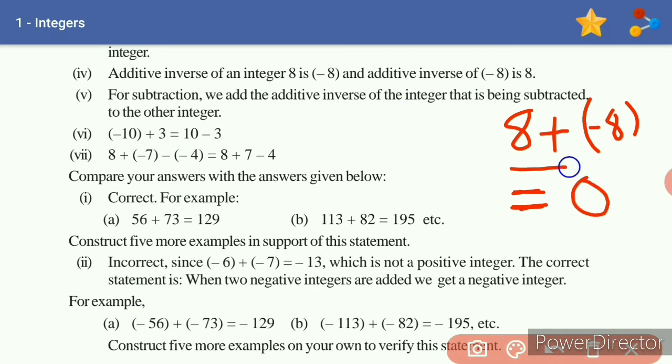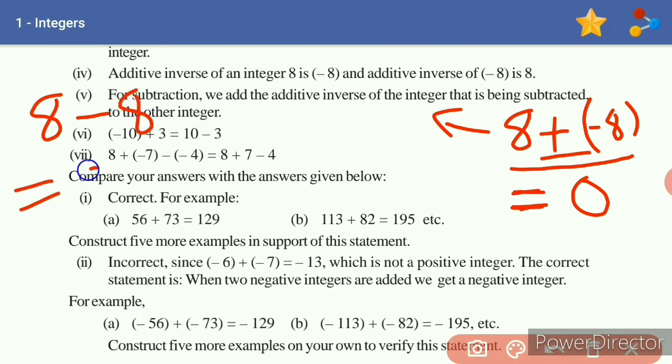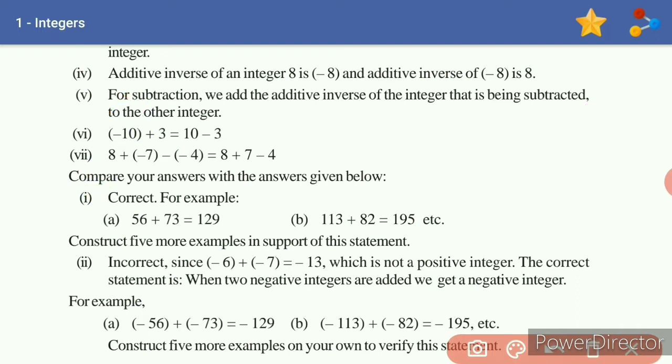Let us check. If we add 8 plus minus 8, we get 8 minus 8, which is 0. So of course the additive inverse of 8 is minus 8, and of minus 8 is 8, because if we add 8 to minus 8, again it is 0. So the statement is correct.